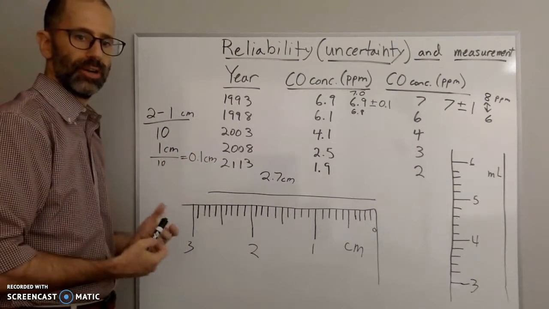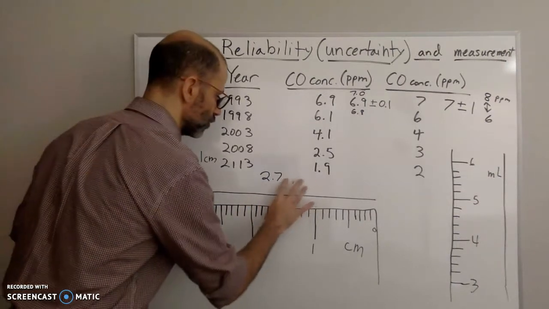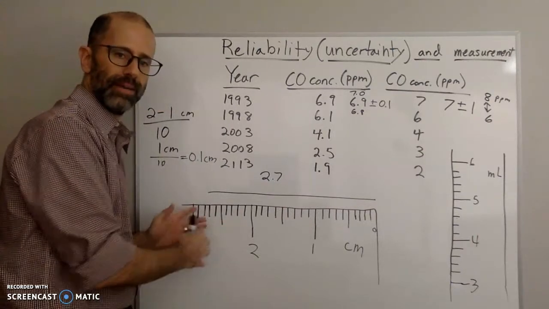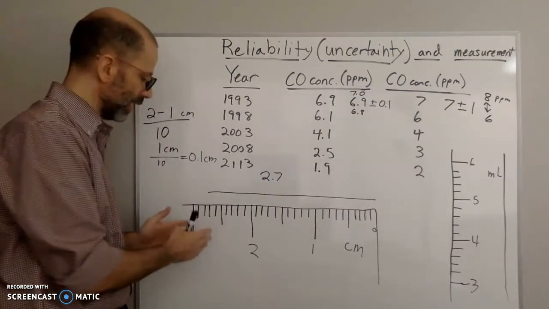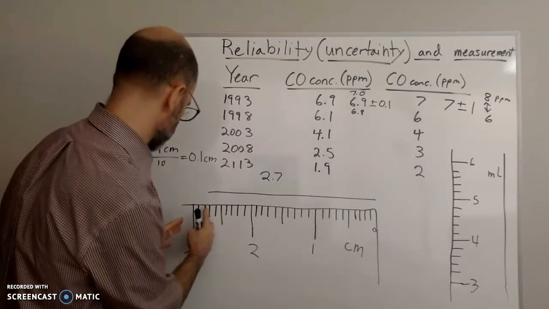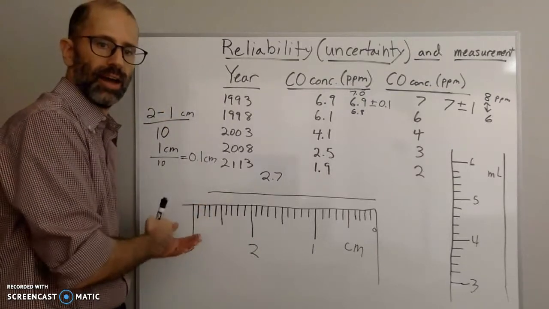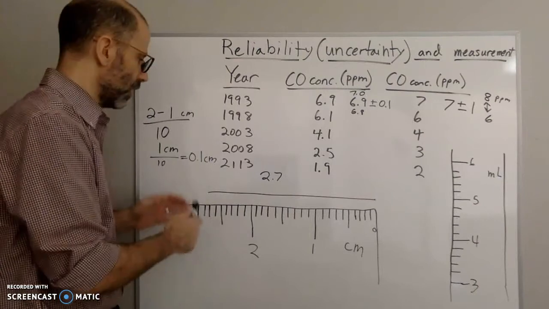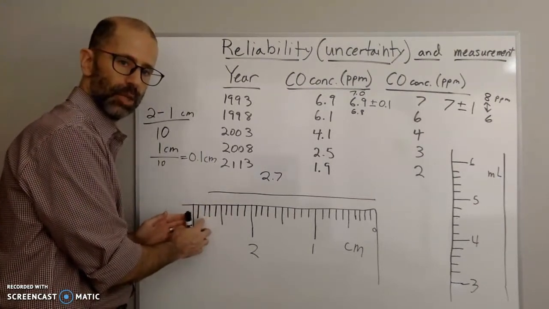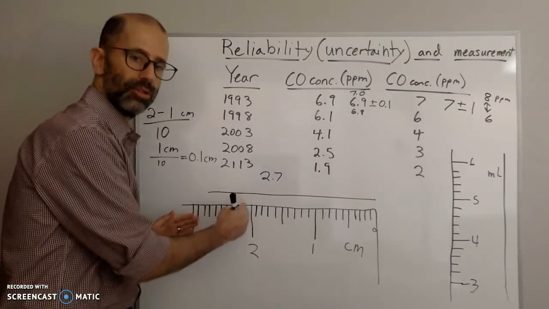Now those are certain, but I get to estimate one more digit. So what I do is I mentally divide this up into 10 spaces and I try to estimate where it is in the line. It looks to me like it's in the middle, so I might say 5, right? This space is 1/10 of a centimeter. If I divide this in 10, then that allows me to go to the hundredths place.